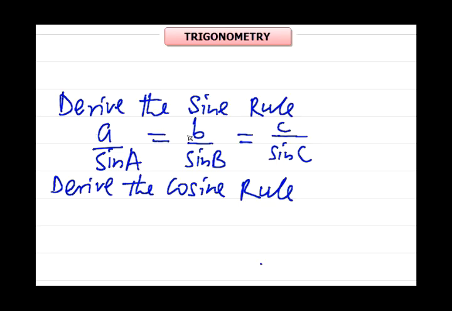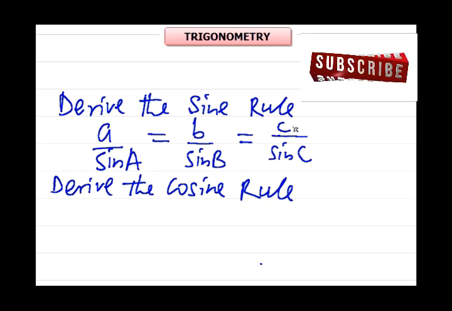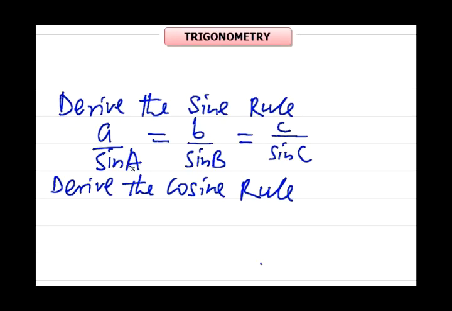On your numerators, you have small letters, that is the sides, while at the denominator you have the angle. So the side a over sine of the angle A is equal to the side b over sine of the angle B is equal to the side c over what? Sine of the angle C.